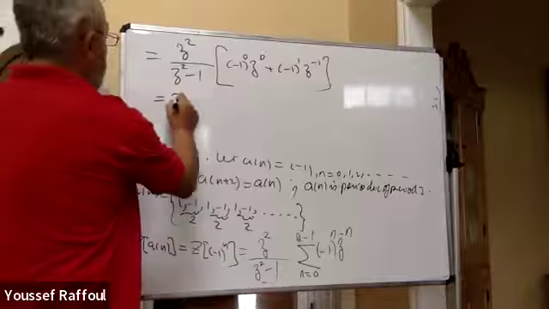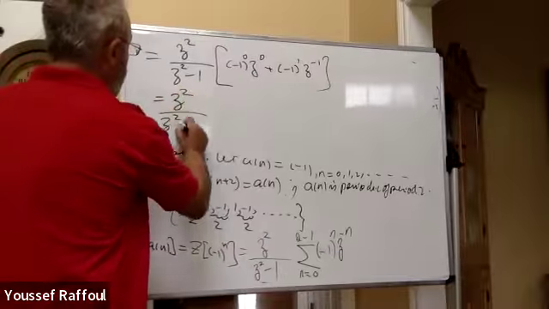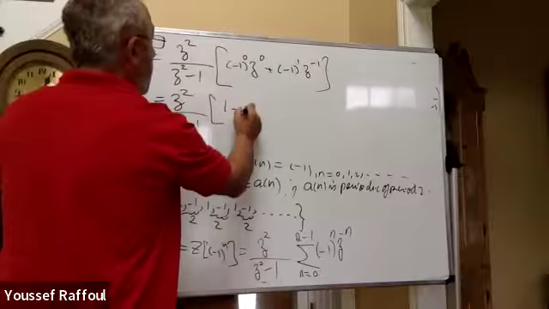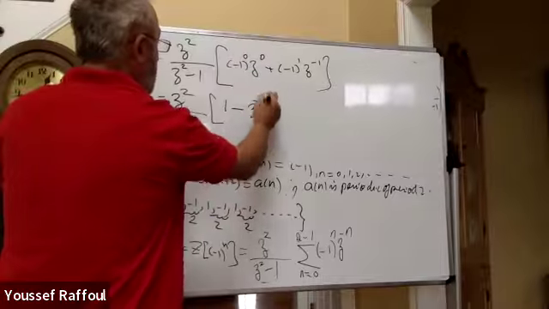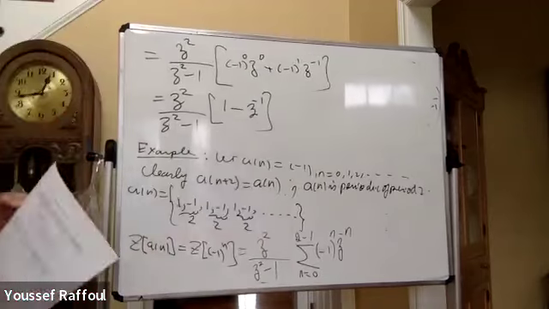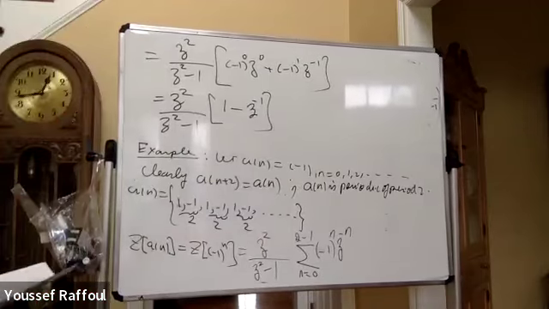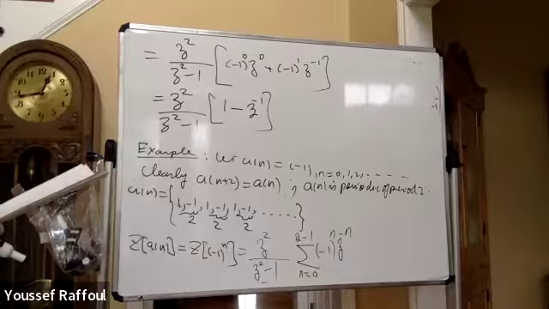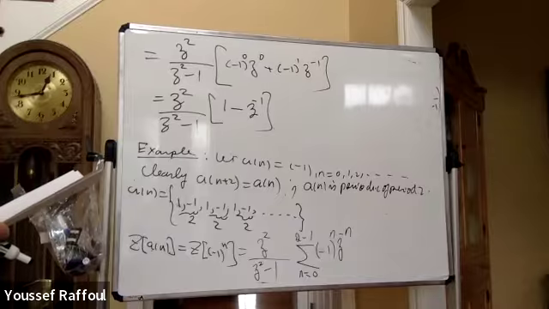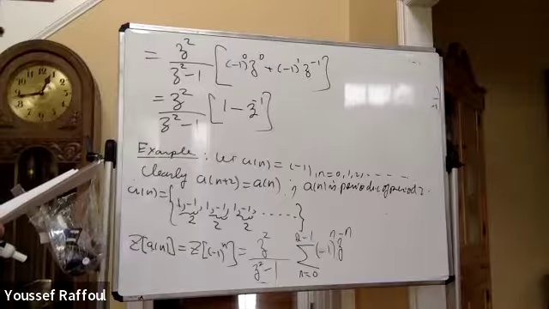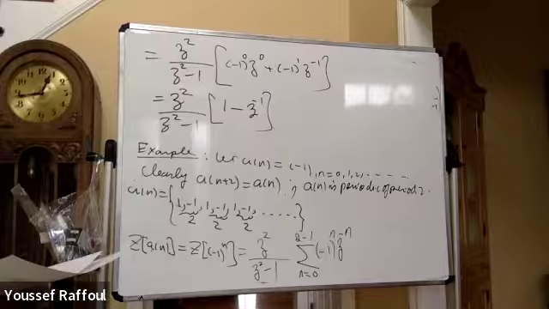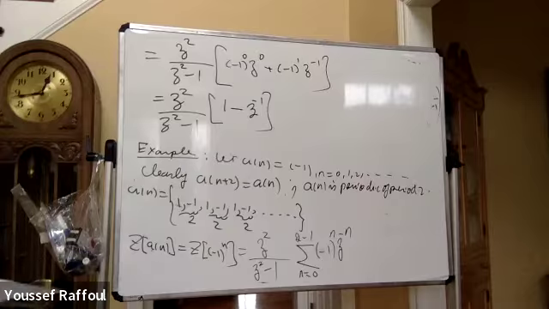So that is z squared over z squared minus 1 times 1 minus z to the minus 1. There you go. Okay? Any questions? All right. So that is the end of this section.